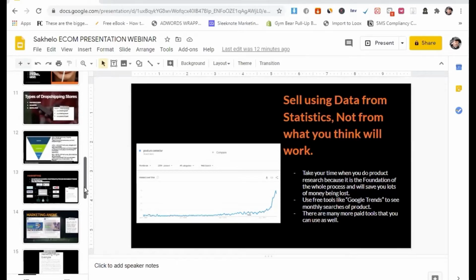So by there you can determine if people are actually passively looking for that product, as well as researching your niches. If it has a constant volume of people searching for it, then you know definitely that people are interested in these niches, and you can focus on these niches.